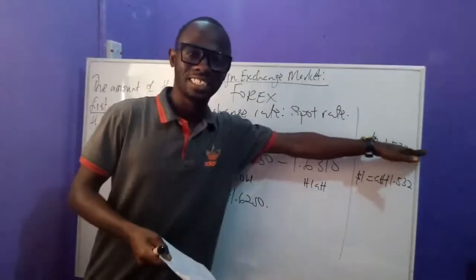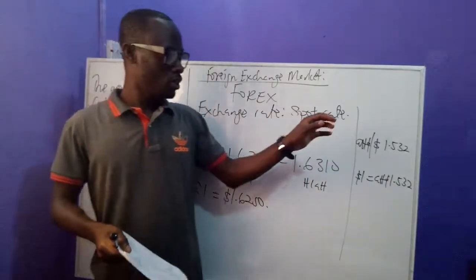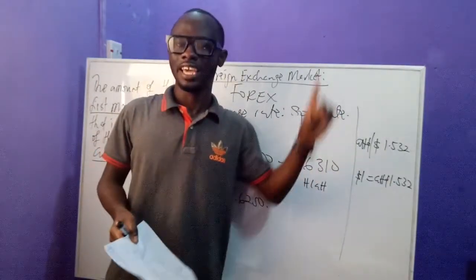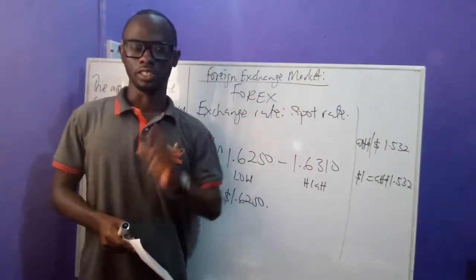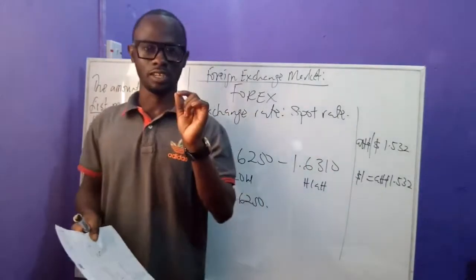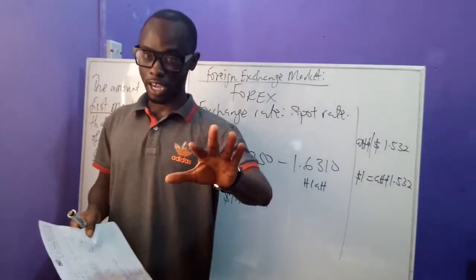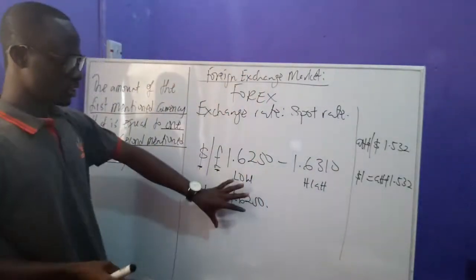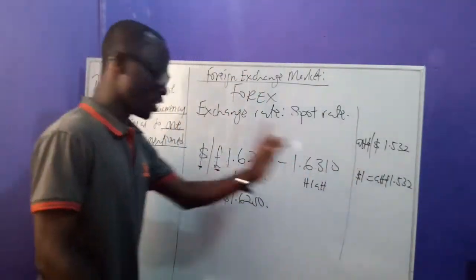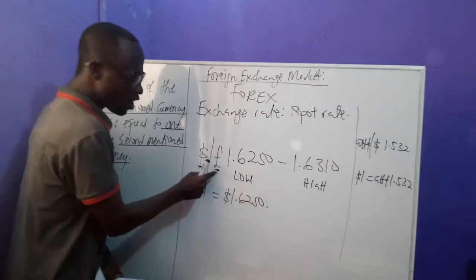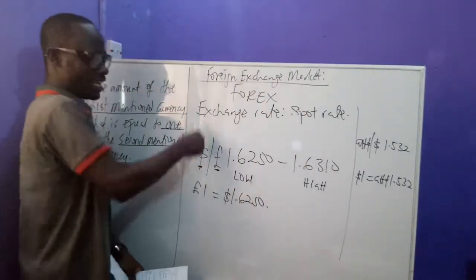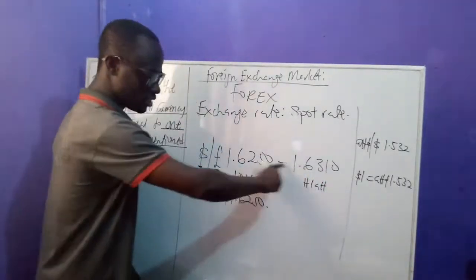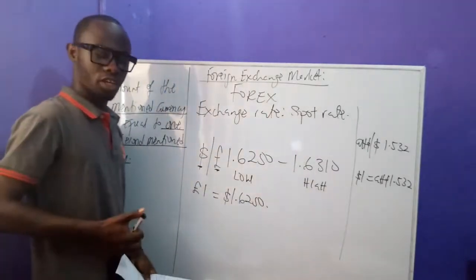So the rate is equal to one of the second mentioned currency. That is the first thing you need to understand. That is a principle, and I hope you get it. Once the rate is quoted, we must understand that one of the second mentioned currency is equivalent to whatever rate is given of the first mentioned currency.